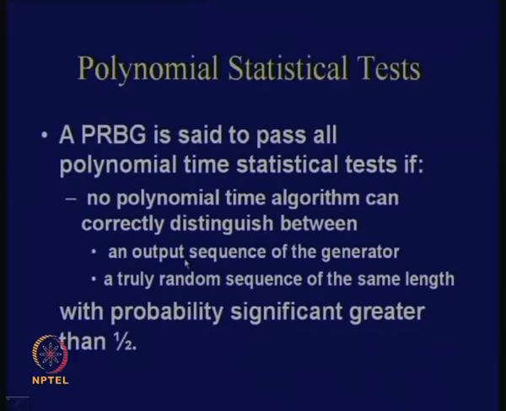So if you are able to distinguish correctly with a probability significantly greater than half, then we will say that this pseudorandom bit generator is not a good one. So it should be close to half. Even if it is 0, that is also bad, so it should be close to half. The idea is similar to the idea of bias that we have. So you see that all these things are related.